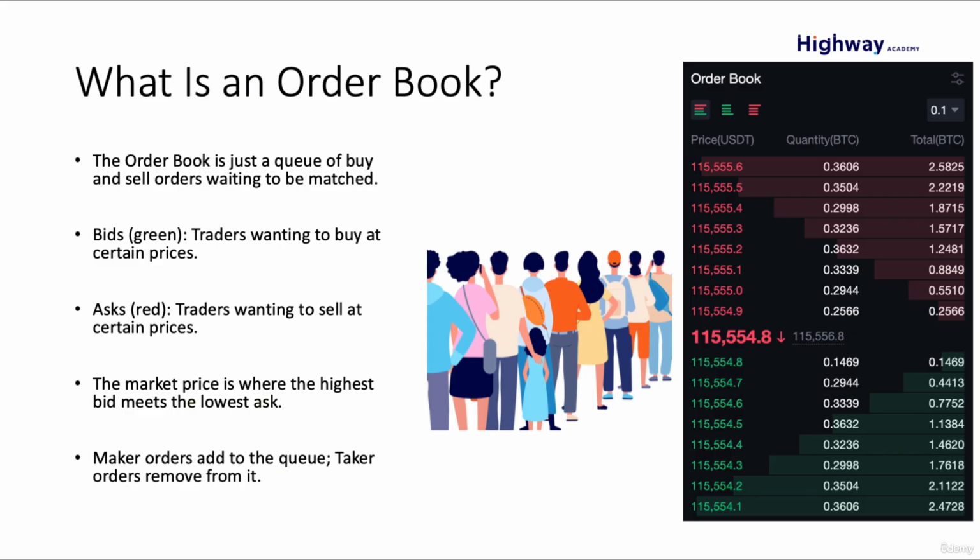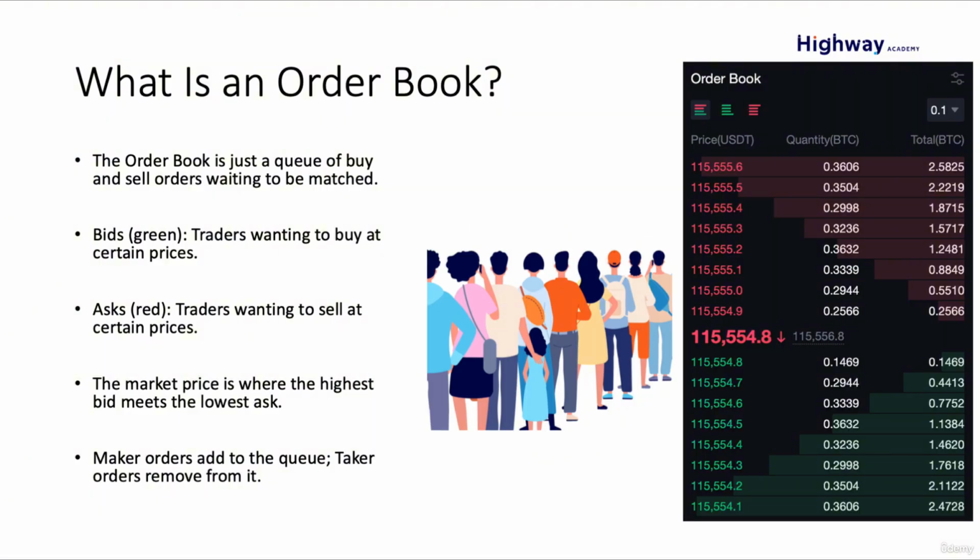The exchange matches them whenever a buyer's price meets a seller's price. Now, here's where the maker and taker orders come in. When you place a limit order, you're adding your order to the queue. That makes you a maker, because you're adding liquidity to the market. When you place a market order, you're matching with an existing order from the list. That makes you a taker, because you're taking liquidity away from the market.